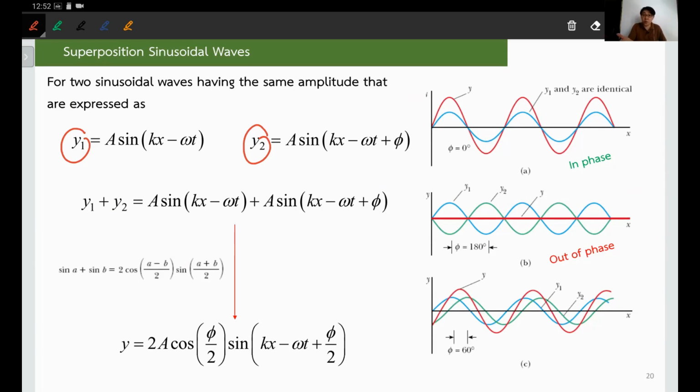It doesn't have to be sinusoidal waves. y1 could be whatever function, y2 can be whatever function. Once these two waves meet, just sum them up. That's it. That's how simple it is. But of course, we're going to focus on sinusoidal waves because that's the easiest wave, and it can showcase a good property of this.